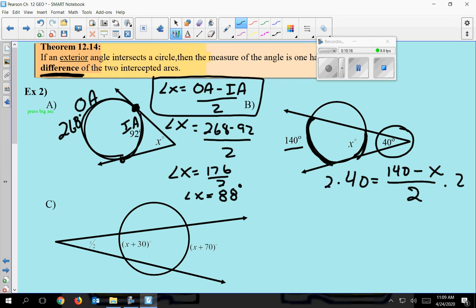That gets rid of this, and gets me 80 on this side equals 140 minus x. There are a couple of different ways you could solve from this point. I'll let you do that. Either way, we should get the same answer.